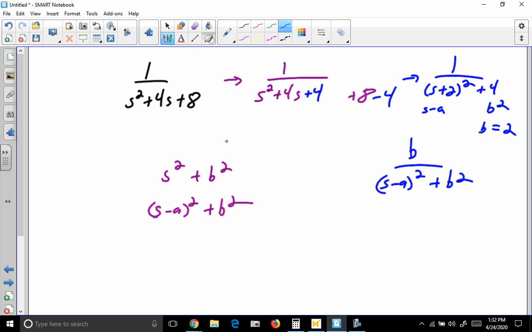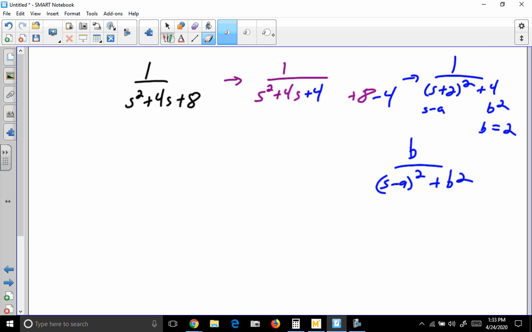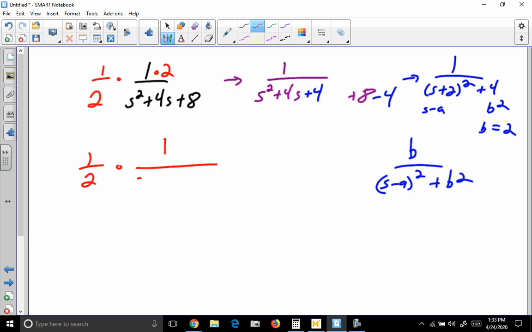So to make it fit, we need to pick up a 2 on top, which means we have to pick up a 2 on the bottom out front. So we have 1/2 times 2 over s plus 2 squared plus 4, or we could call that 2 squared. I left my 2 off; we have a 2 there.